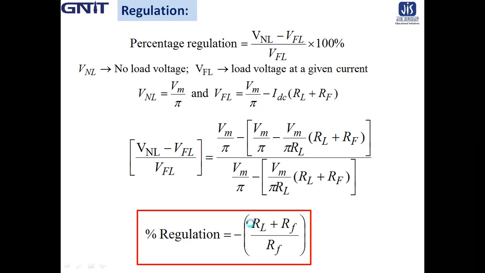After simplification, Vm by pi is cancelled and we get the percentage regulation equal to minus (RL plus RF) by RF. So this is the percentage of regulation.